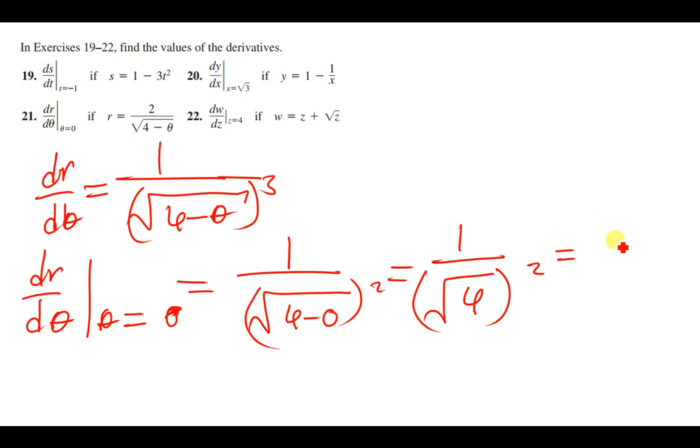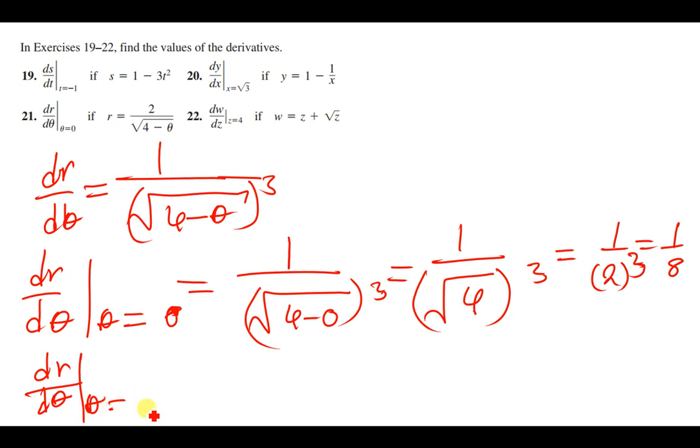The square root of 4 is simply 2. So 2 raised to the power 3, we get 1 over 8 as the answer. So the r d theta, when theta is equal to 0, is simply 1 over 8.